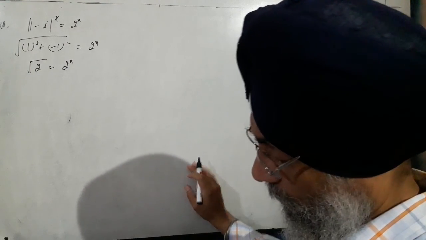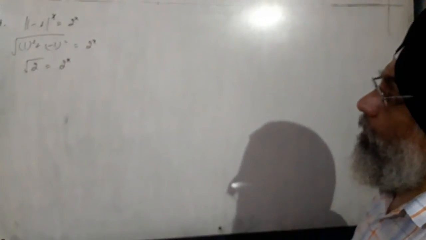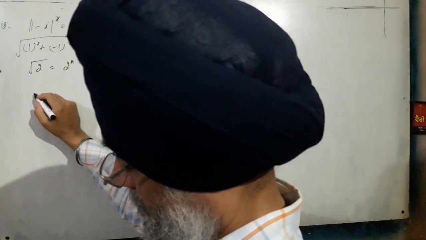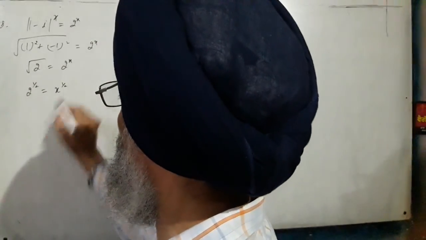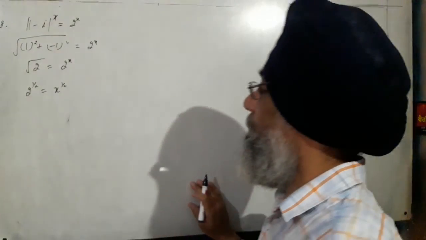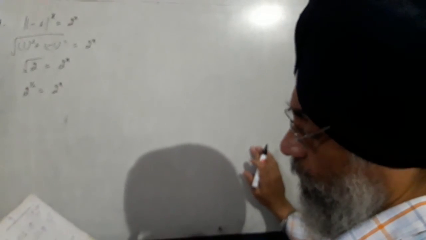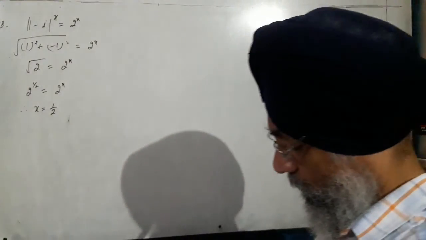So we find the non-zero integral solutions of 2 to the power half equal to 2 to the power x, and x is half, which is not an integer.